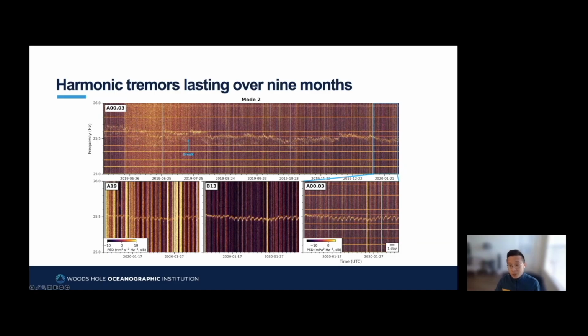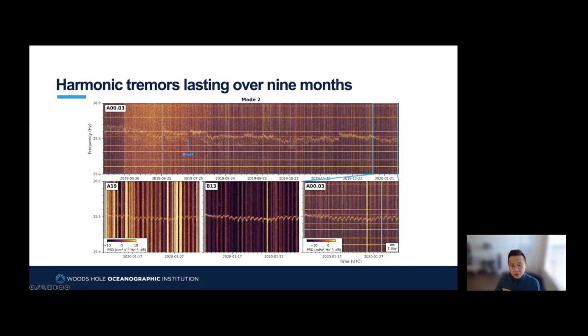We then put them one by one, side by side, to make this image where the color indicates the spectral power. In this plot, we clearly see this nicely gliding spectral line that was active for the entire 9 months. And we can clearly see that it shows a diurnal cycle, which is more clearly seen in this zoomed-in window of the 21-day period.